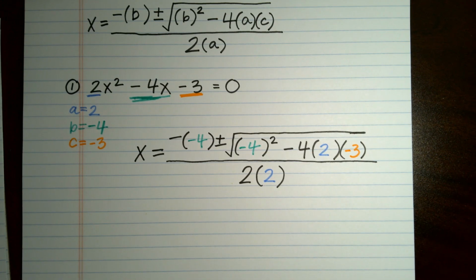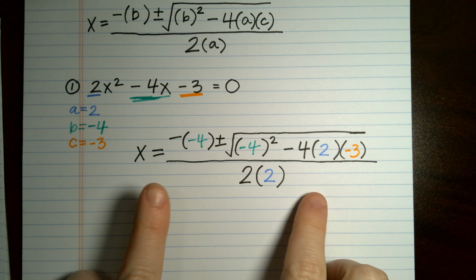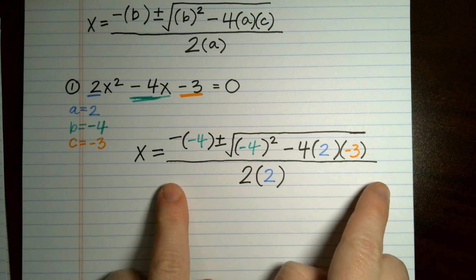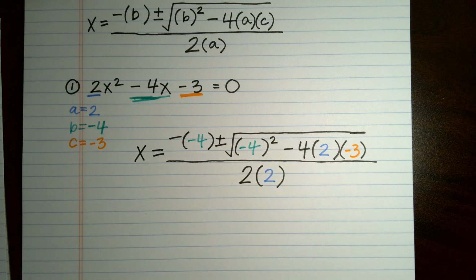Okay, so step 2 is the part where we're very careful. We want to plug all of our numbers in. But this is step 2. We're done now. We have all our numbers in the place in the formula where they need to be.